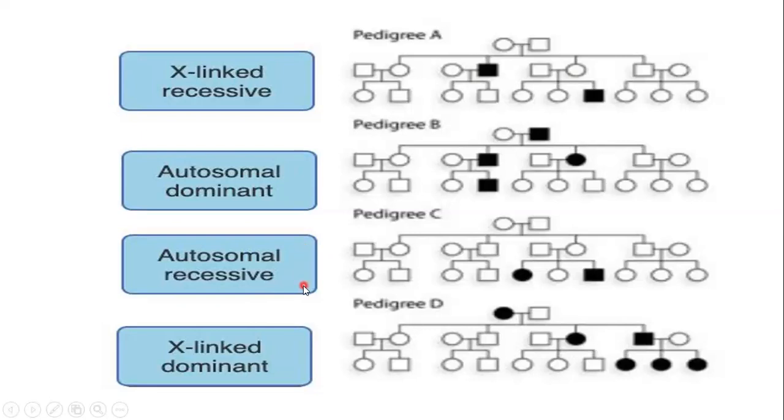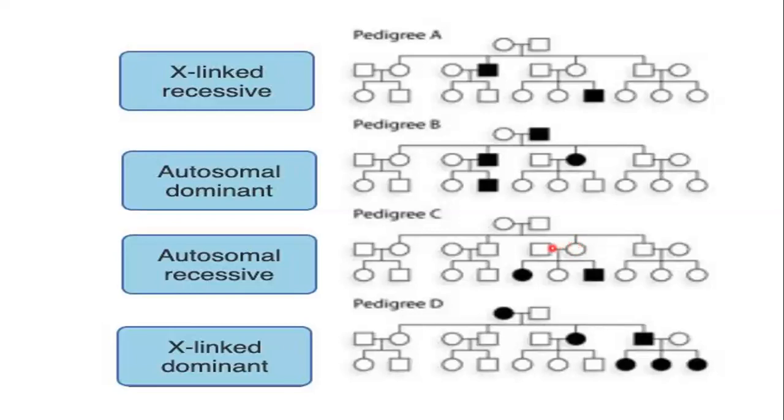The third is the autosomal recessive pedigree. And here you can see the generation is skipped. The first generation is normal, the second is normal, and the disease is present in the third generation. So basically that indicates that in the first generation, where both mother and father are shown as normal, one of them might be a carrier of the recessive allele. So he or she passes the recessive allele to their daughter, as the daughter is a carrier of the recessive allele.